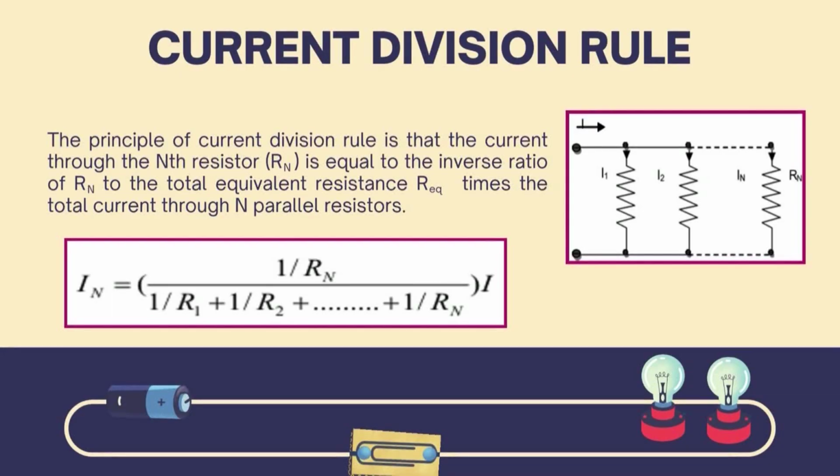The principle is that the current through the nth resistor Rn is equal to the inverse ratio of Rn to the total equivalent resistance Req, times the total current through n parallel resistors.